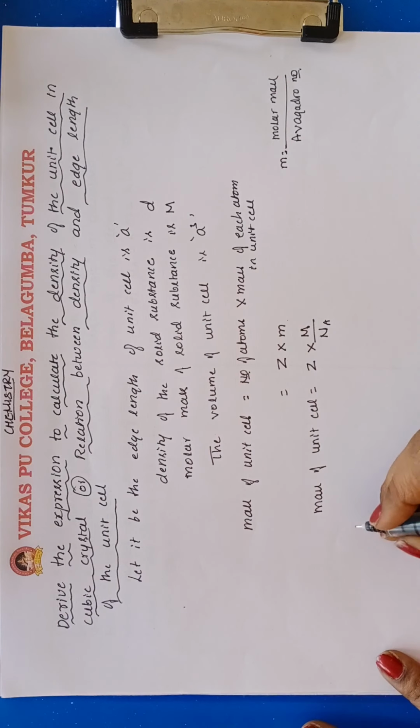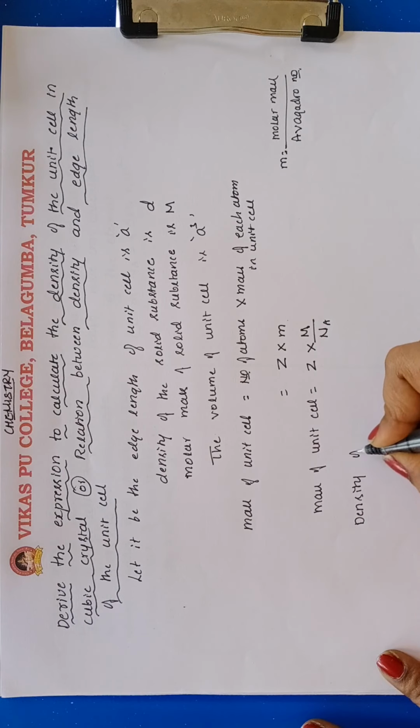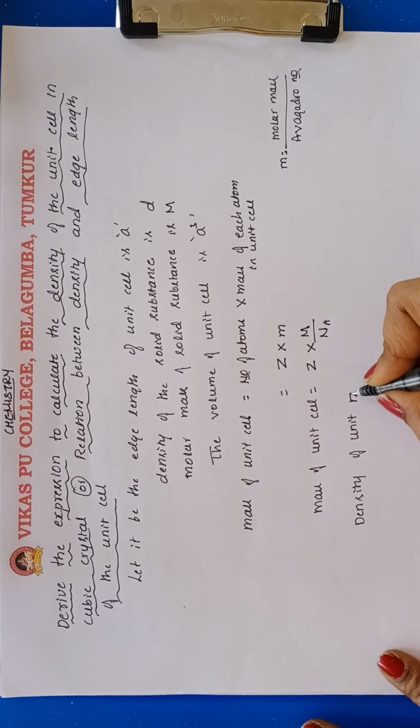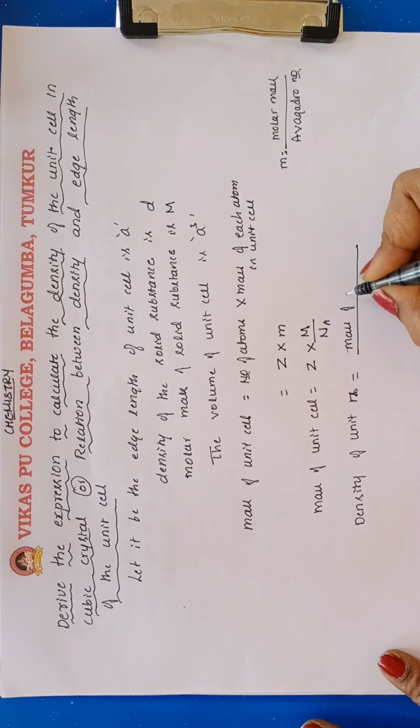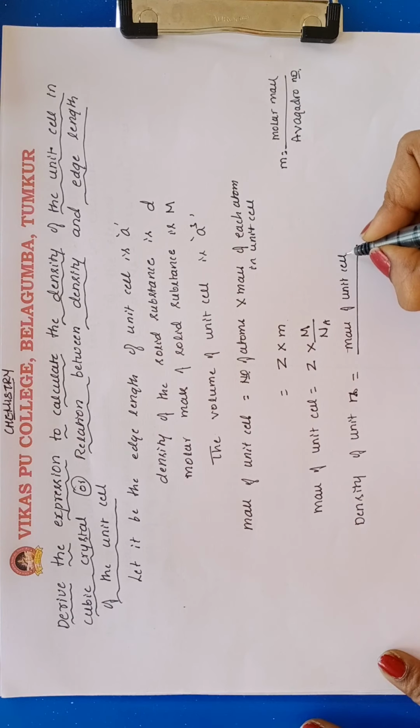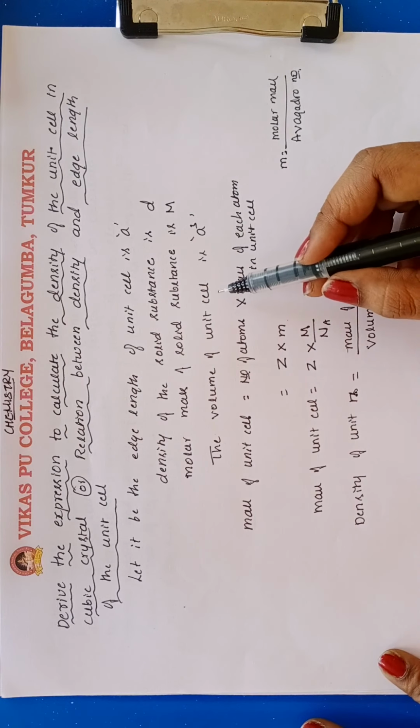We know that density means mass per unit volume. So the density of the unit cell is the mass of the unit cell divided by the volume of the unit cell.